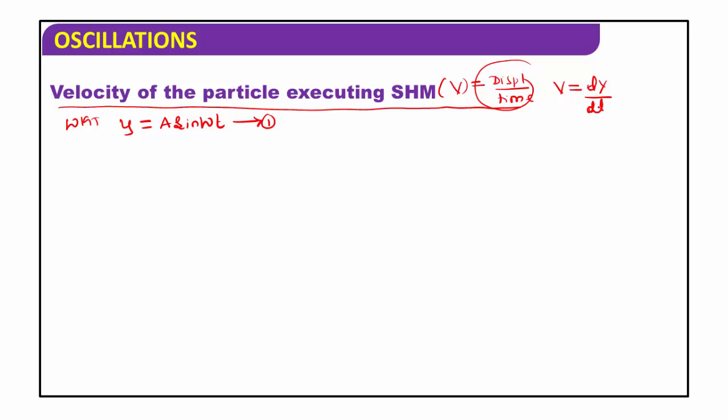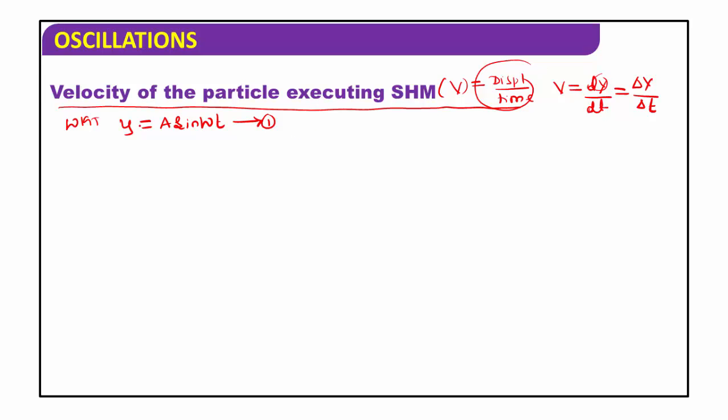Mathematically, you can write v equal to dy divided by dt, or delta y divided by delta t. We know y equal to A sin omega t, the displacement of the particle executing simple harmonic motion.